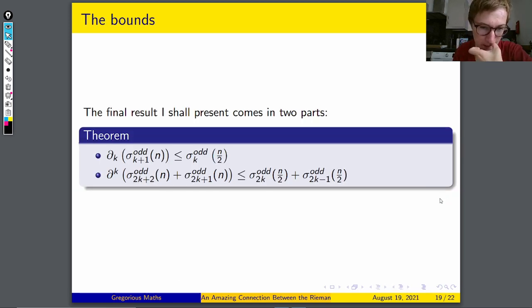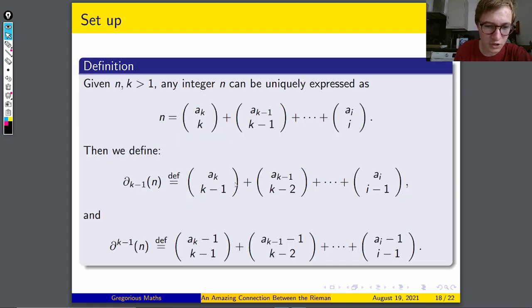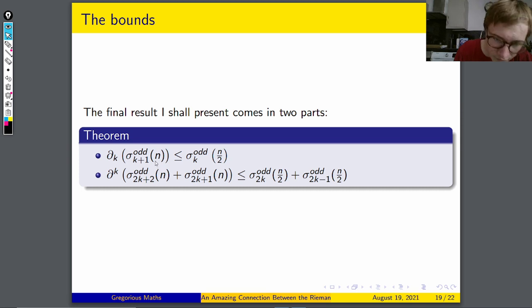And then what you do is you obtain lower bounds for these sigma k odds given this thing right here. More precisely, this first one is about when you just shift the bottom of this, and this is less than or equal to sigma odd k of n over 2.